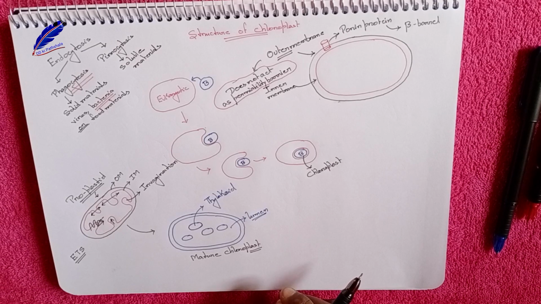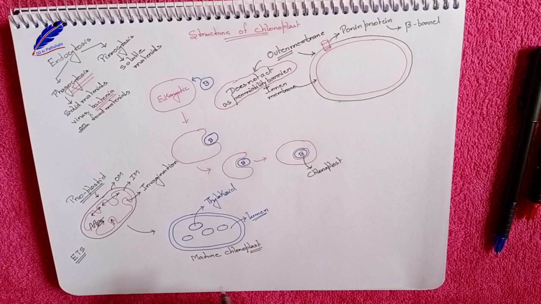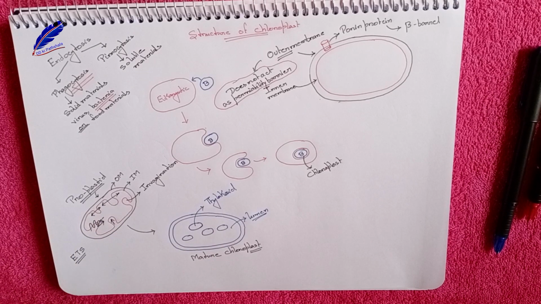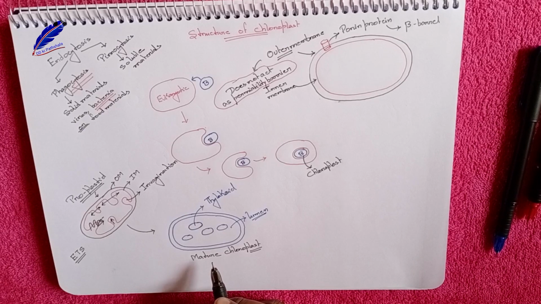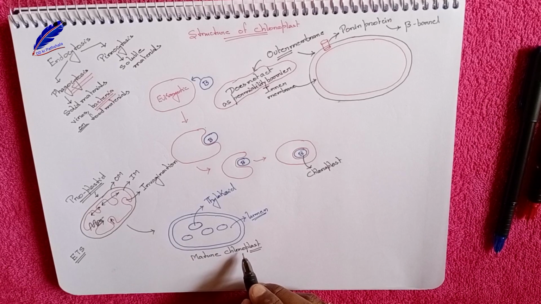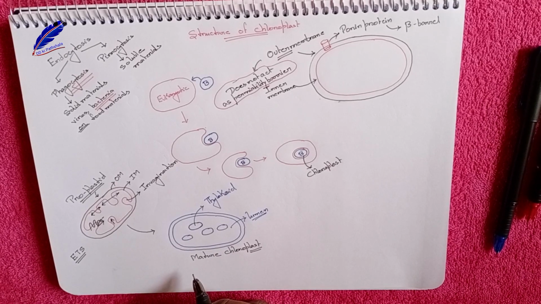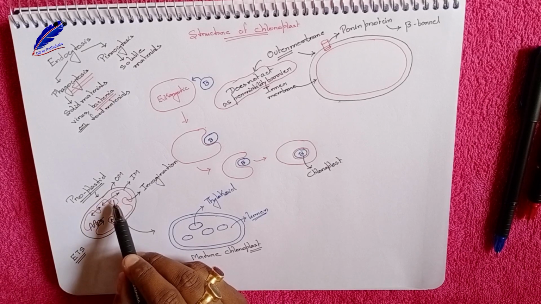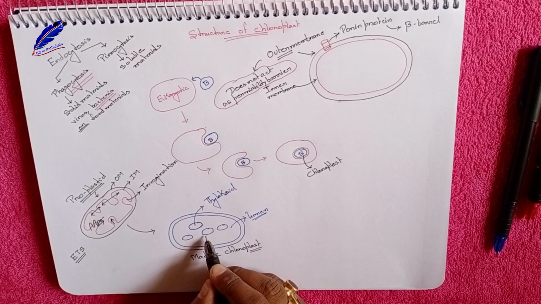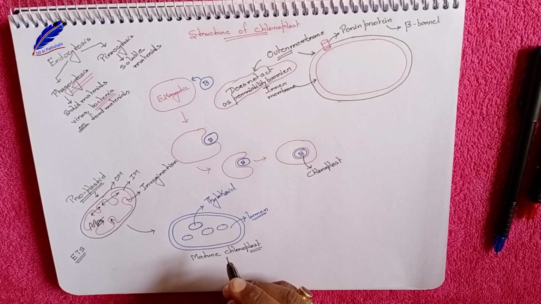Now in mitochondria, the electron transport chain occurs within the cristae, within these invaginations, the foldings of the inner membrane. But these foldings are absent in the mature chloroplast. Instead, these foldings have been sliced out into the lumen and they have formed the thylakoids.